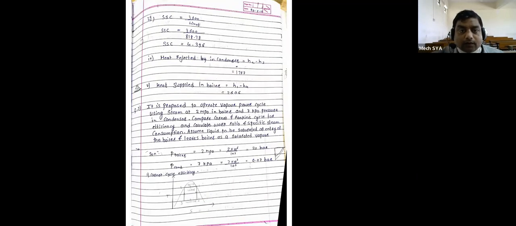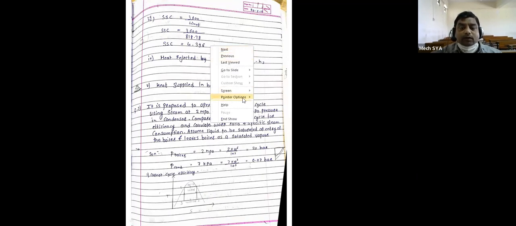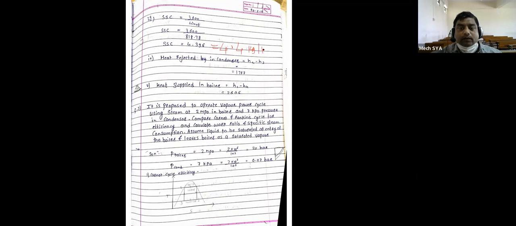So in this case, the net work will become 818.78, and the specific steam consumption will become 4.396, or nearly equal to 4.40 kg per kilowatt hour.